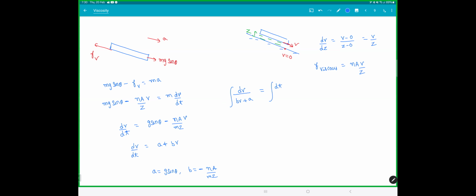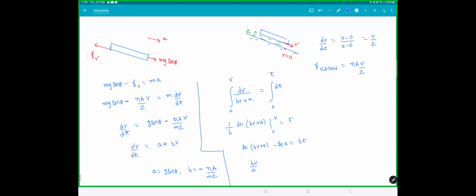Integrate on both sides. This will go from 0 to v and 0 to t. I hope everyone remembers integration for this. This is 1 by b ln (bv plus A). Limits will go from 0 to v. This is time. This will be ln (bv plus A) minus ln A is equal to bt.